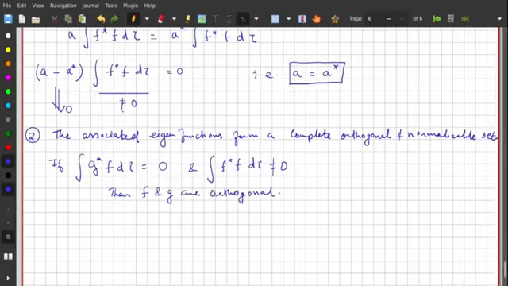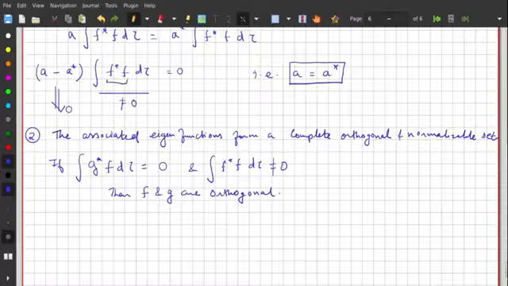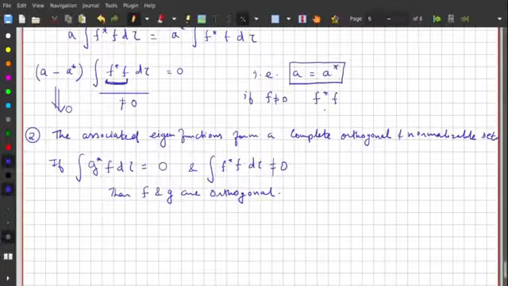One important thing you realize here is that when you multiply a function by its complex conjugate, this is always a real number. This is a real positive quantity. So if f is not equal to 0, f star f is always positive.